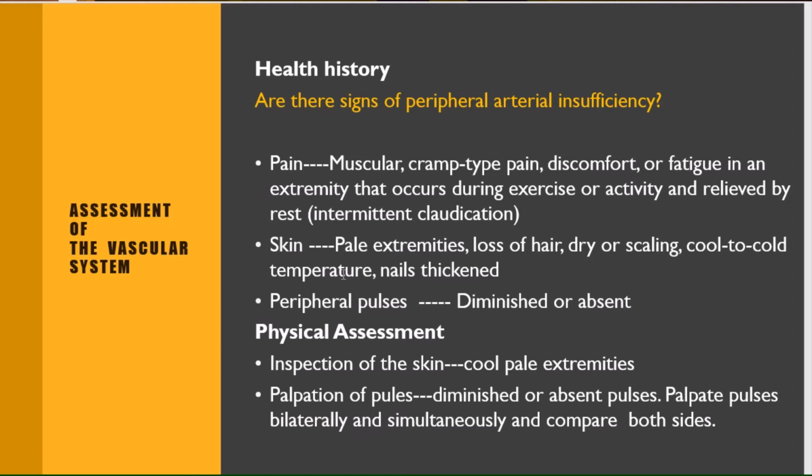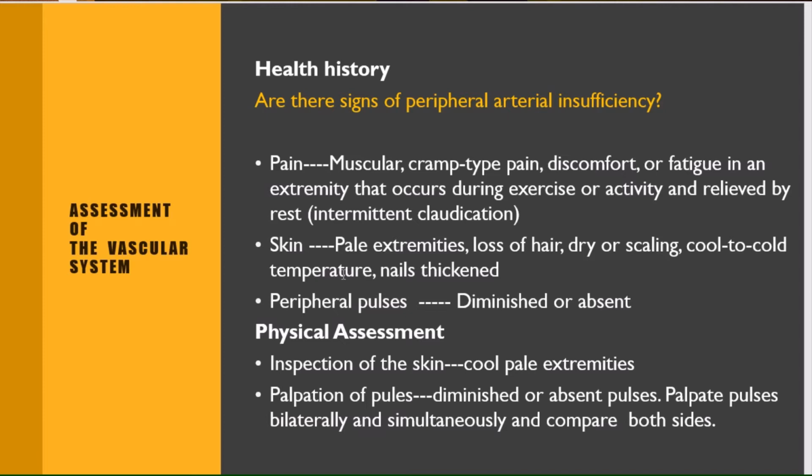Once they rest, the blood flow gets better, that's when the patient feels better and the pain is relieved. So it's intermittent claudication. It comes, and once they rest, it gets better.